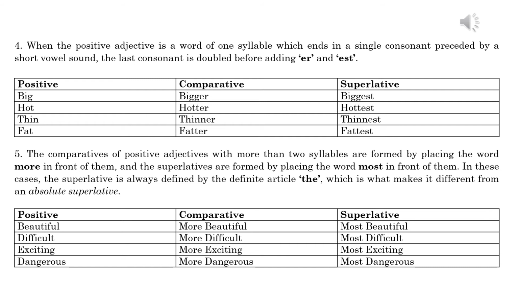4. When the positive adjective is a word of one syllable which ends in a single consonant preceded by a short vowel sound, the last consonant is doubled before adding er and est. Examples: positive, big; comparative, bigger; superlative, biggest.